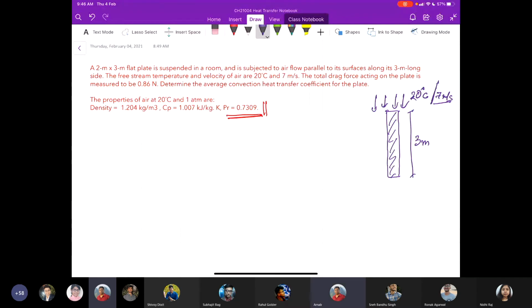So what would that area be? 3 into 2. Because this plate is suspended, it'll be 2 times 3 into 2. Yes, because both the sides are exposed.